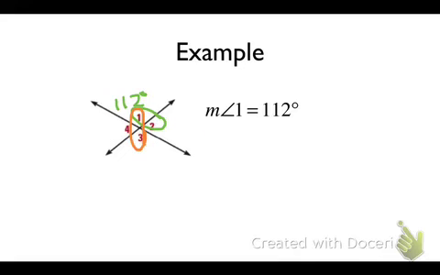It says that the measure of angle 1 plus the measure of angle 2 has to be 180 degrees because they are a linear pair.